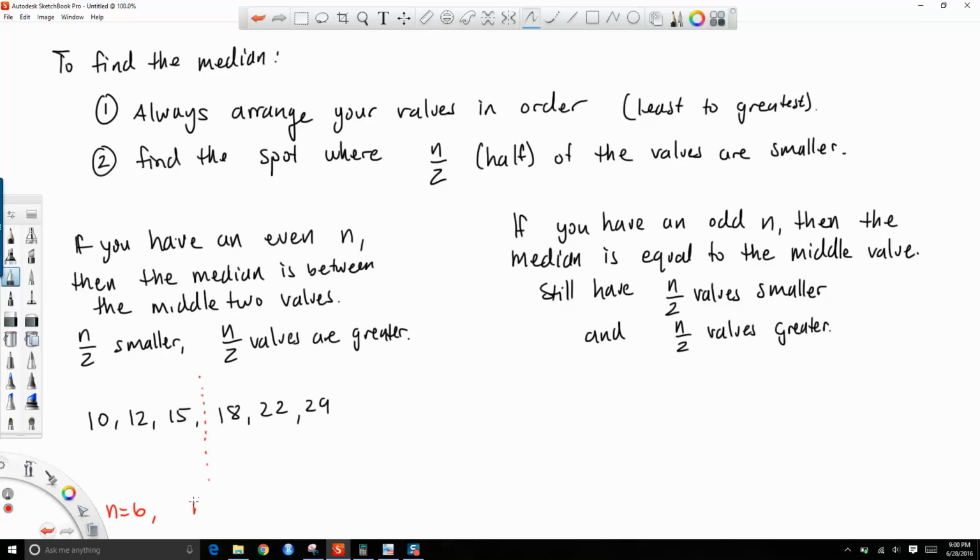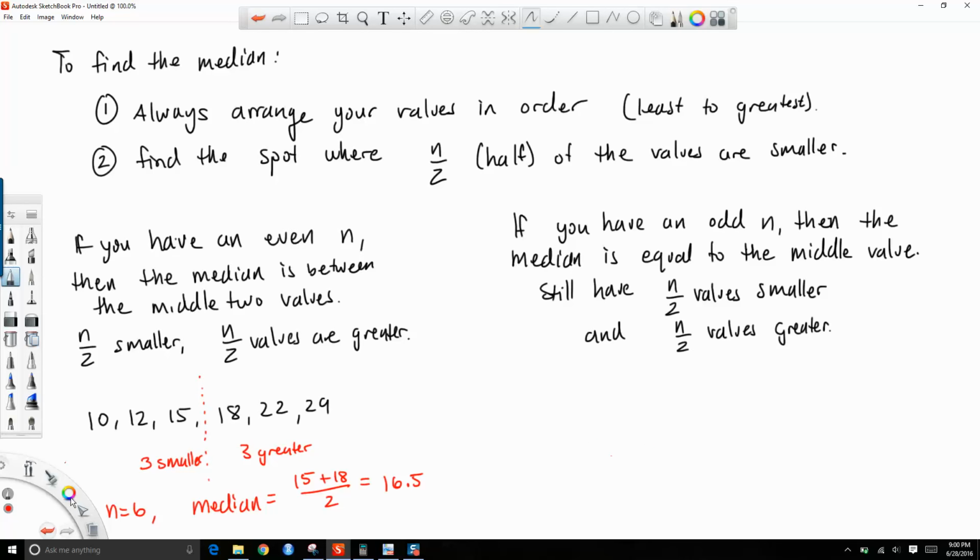The median is equal to the average of 15 and 18. So 15 plus 18 over 2 gives me 16.5. Okay, that's my median. And you've got 3 values on this side smaller, and 3 greater.